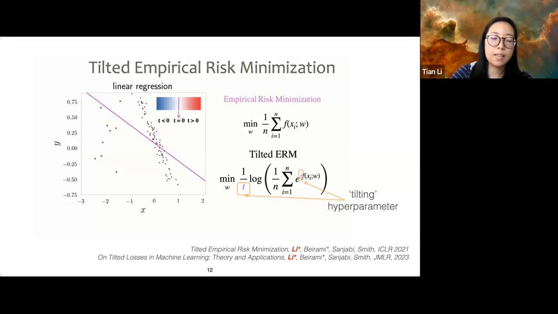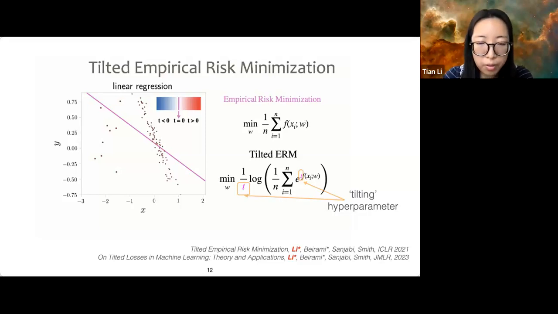So we see that in this new objective, t is a hyperparameter that controls the impact of individual losses. Similar to q-FFL, when t is a positive constant, larger than 0, the large losses will be overweighted exponentially in the overall objective.